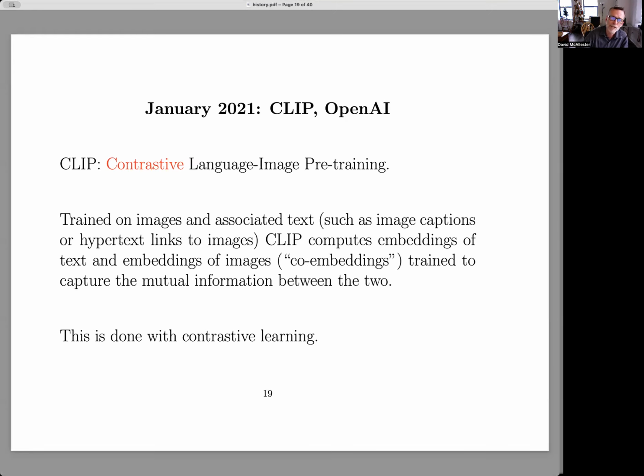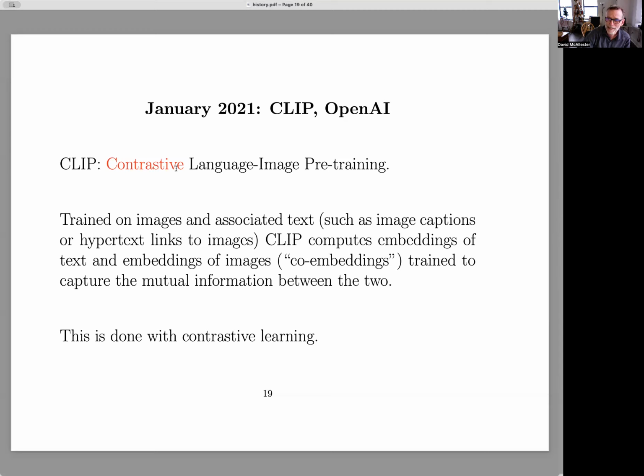And then you use this contrastive learning method to find an embedding. You're going to embed the language into a vector, and you're going to embed the image into a vector. And the idea is this vector that you can match either language or image into is a shared conceptual space, representing either the language or the image.